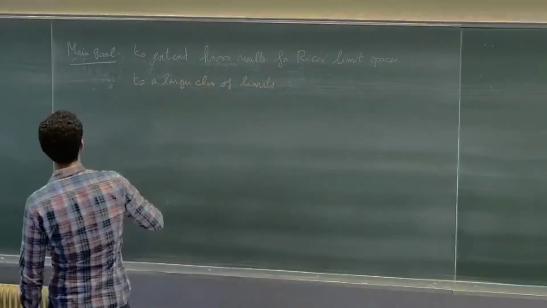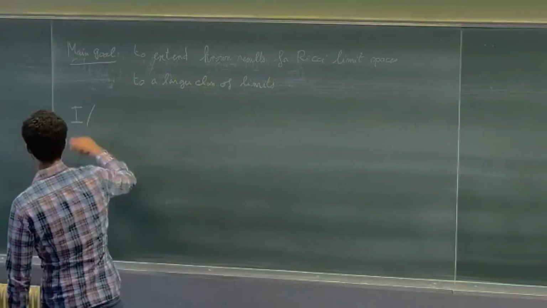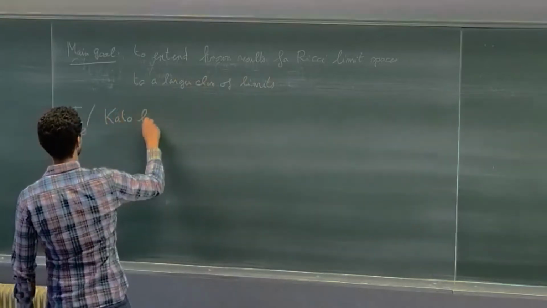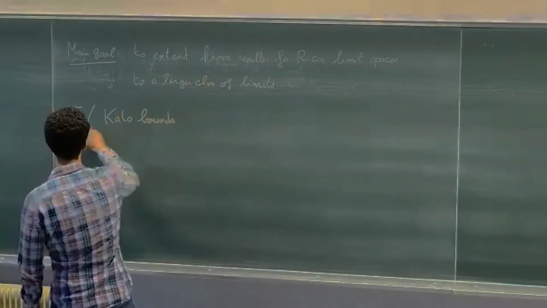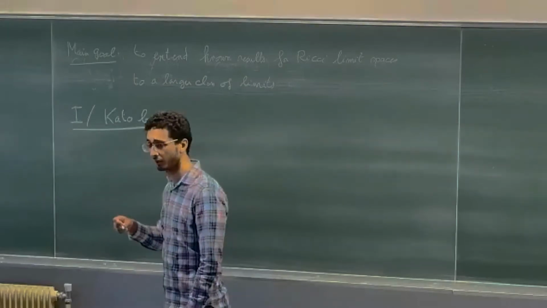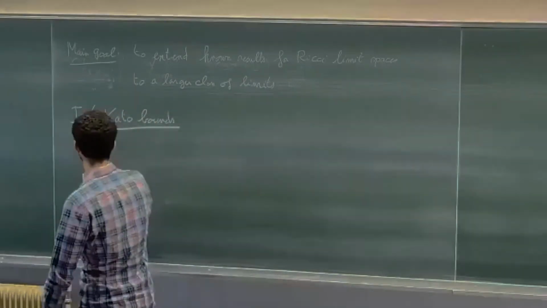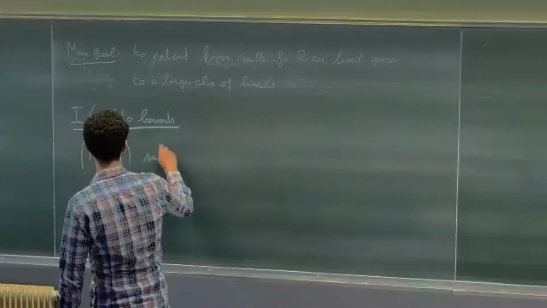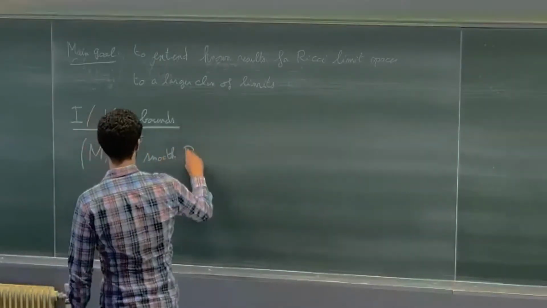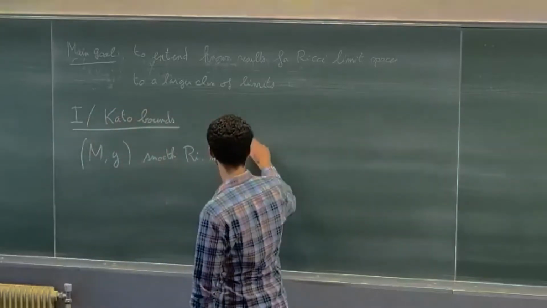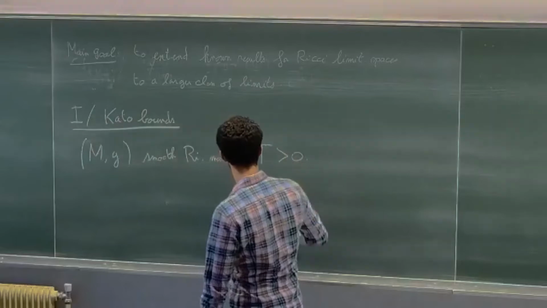I'm going to start by giving the definitions of Kato bounds. Let me start with taking smooth Riemannian manifolds M and a number T greater than 0.